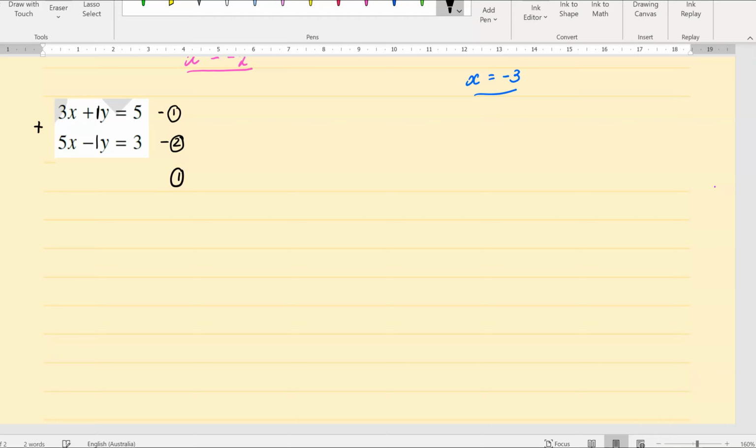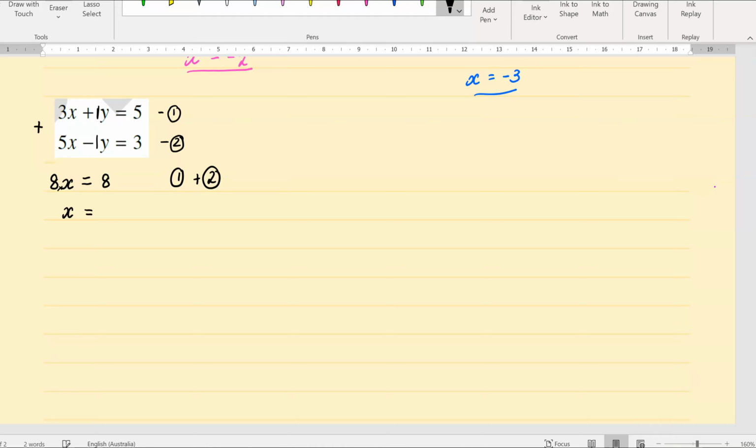So in this case, to eliminate the y's, we're going to add. We'll write that equation 1 plus equation 2, right? We're adding them together. 3x plus 5x gives me 8x. y plus -y, no y, cancelled. 5 plus 3 gives me 8. And let's finish this off, because to get rid of the times 8, we will divide by 8.